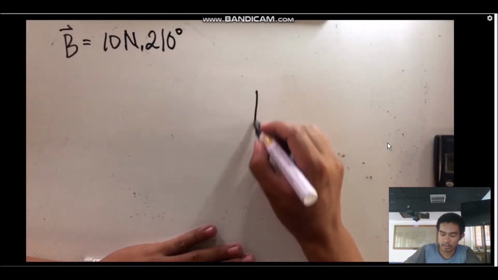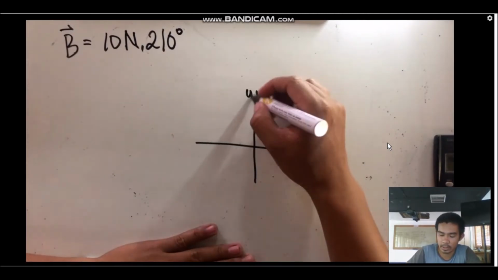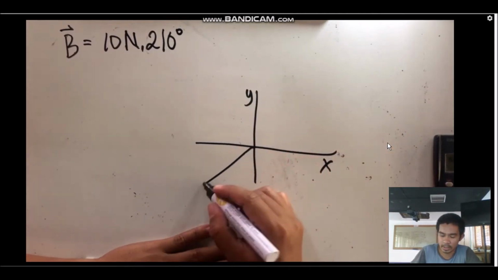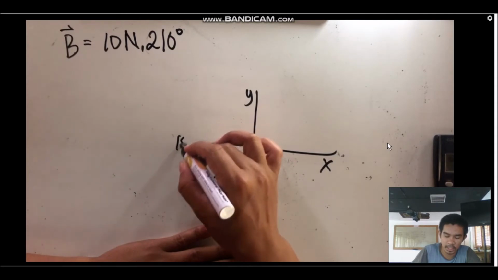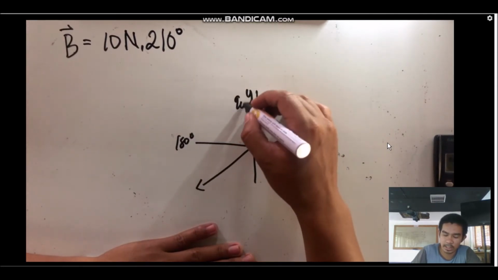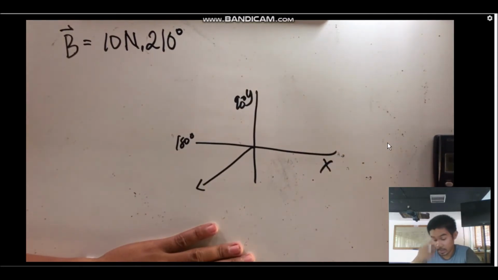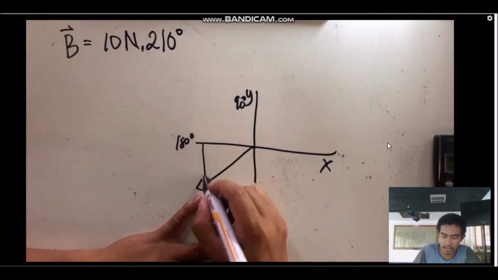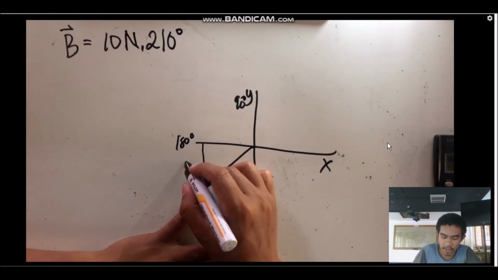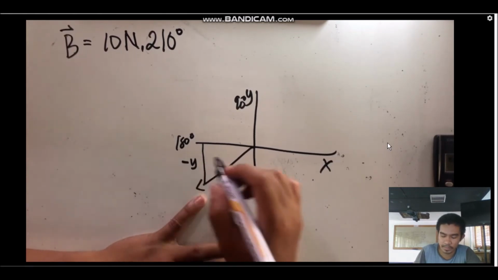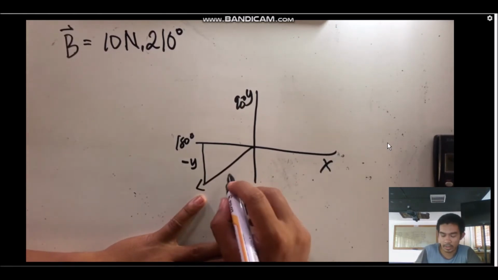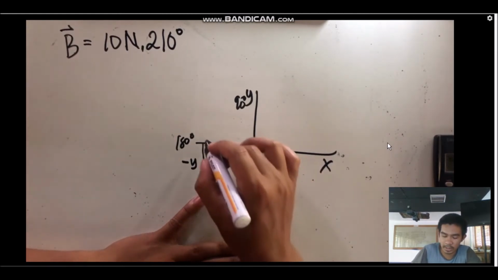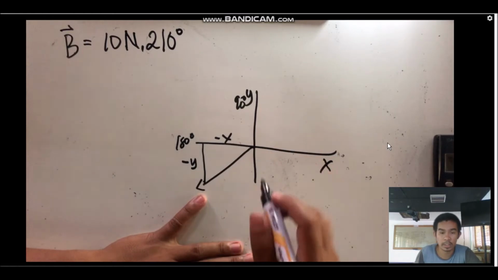So if we have an x and y coordinate system, 210 is located at the third quadrant, since this is 180 degrees and this is 90 degrees. So in the third quadrant, it is expected that the y component is negative, and the x component is also negative.